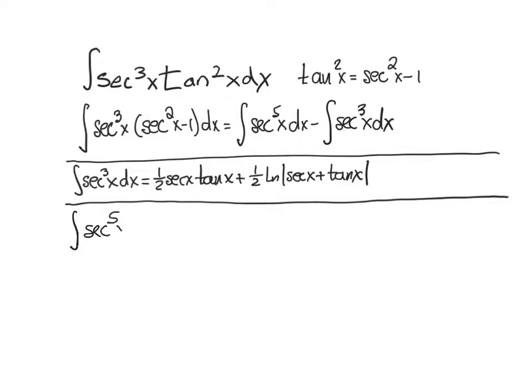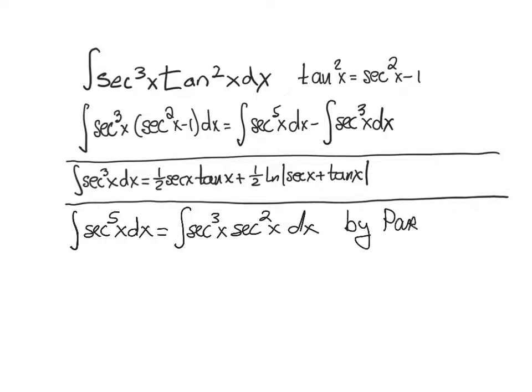And to do that, we're going to write secant to the fifth as secant cubed times secant squared and use integration by parts. So we're going to let u equal secant cubed x and dv equal secant squared x dx.